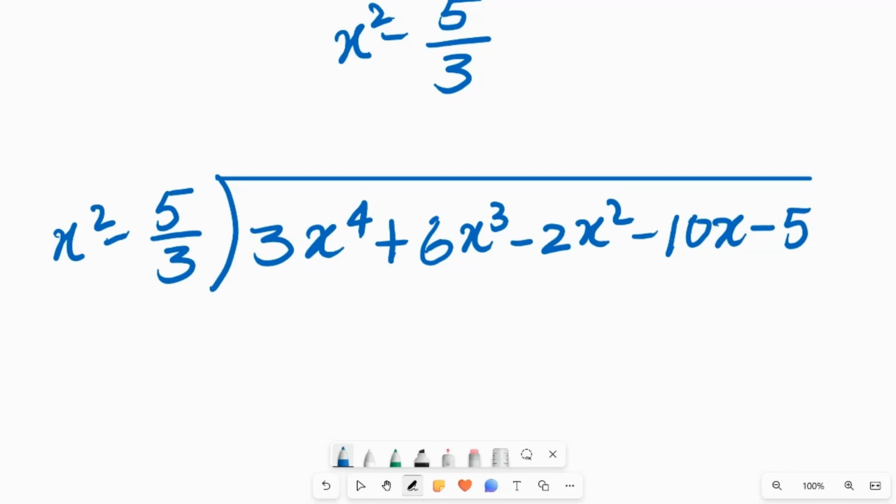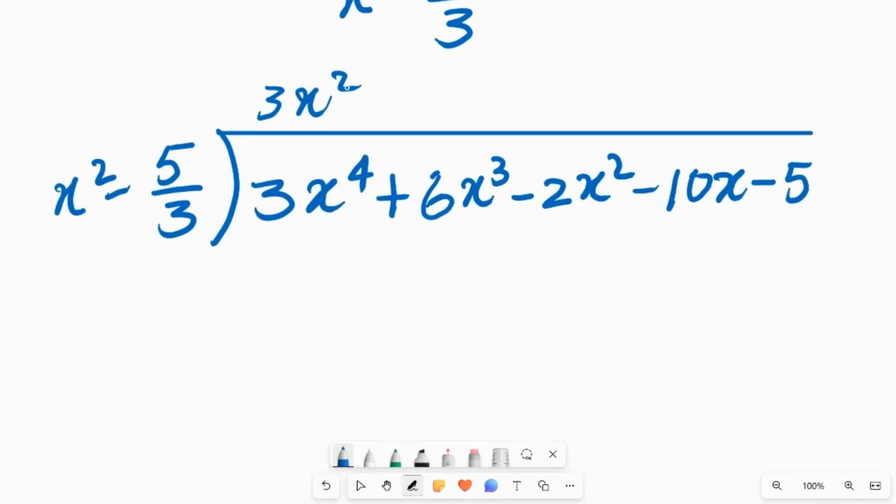So I would multiply 3x square, right? If I multiply 3x square to the first term of g of x, I would get the first term of p of x. So 3x square into x square is 3x power 4 and minus 5 by 3 into 3x square is minus 5x square, right?